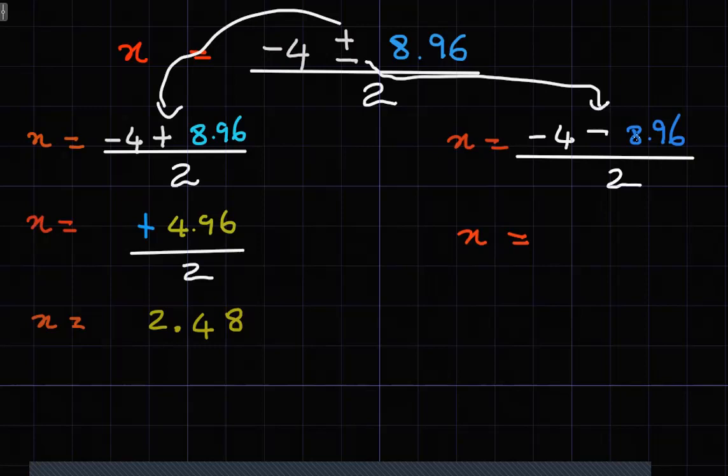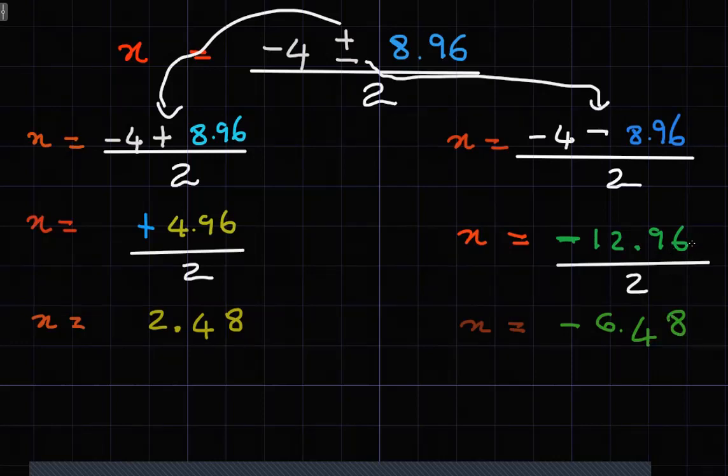No, they're friends. They'll get bigger. So 4 negatives and 8.96 negatives all together give you 12.96 negatives. We add. So minus 12.96 divided by 2. What would that give you? X equals minus 6.48.